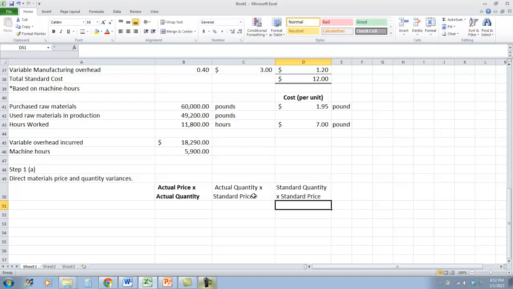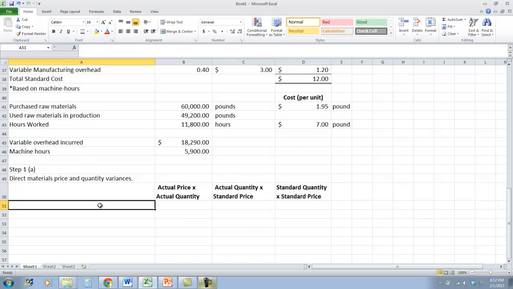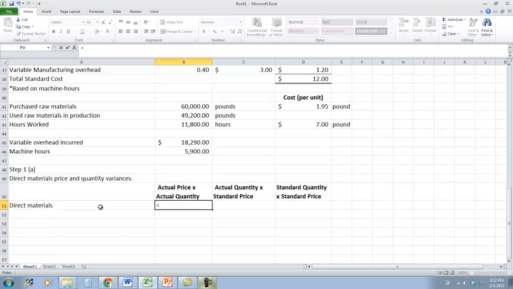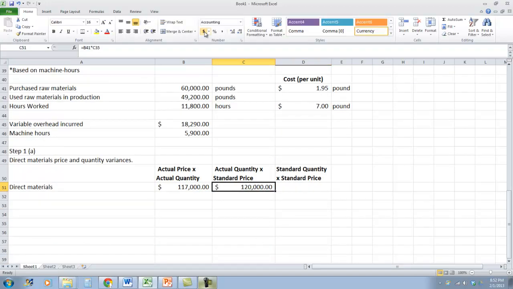And this is for direct materials. So, the actual raw materials purchased were 60,000 pounds at $1.95. If we had used the standard price, we have 60,000 pounds at $2, which was our standard price.